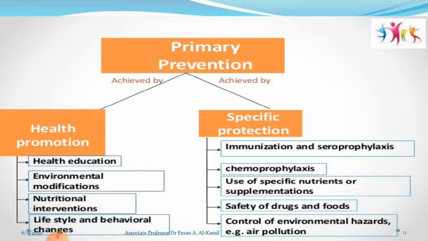Chemoprophylaxis is by providing some drugs. Chemoprophylaxis drugs are administered to people who have no disease, to protect them from developing the disease in the future. For example, anti-malaria drugs are administered to patients who are traveling to a malaria endemic area.